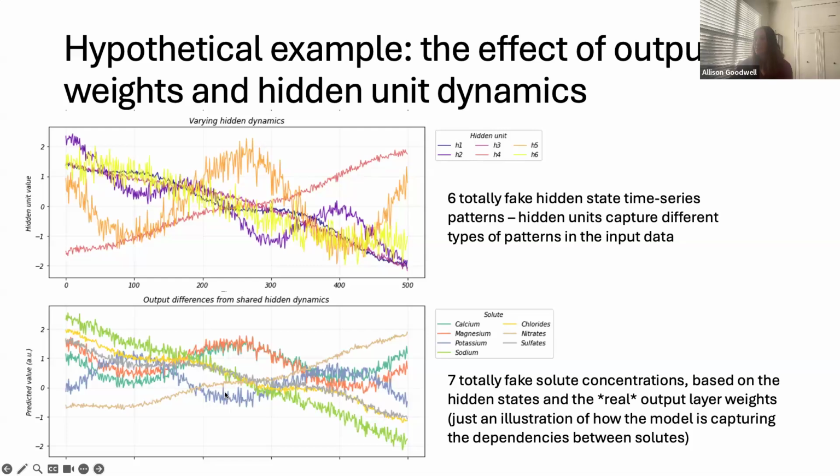And potassium is this blue one, and it's inverted. And then nitrate is this brown line, and it's doing something completely different from all the other solutes. That is because of the output weights on these different hidden dynamics, such that the model is pulling certain things out of the hidden states. It's just an illustration of how the model is capturing these solute interdependencies.